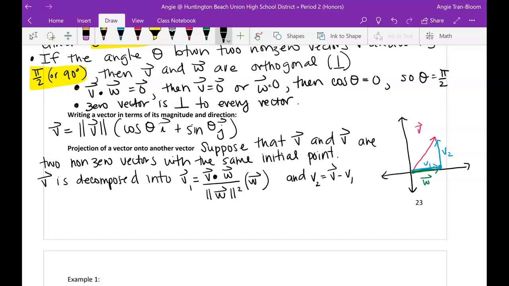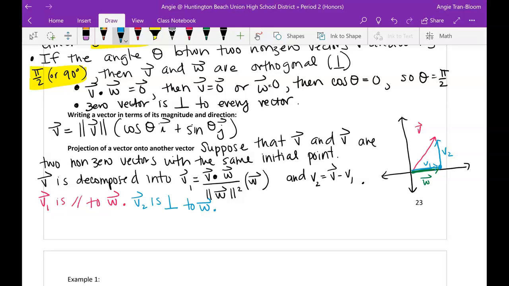Now, v1 has a special name. Vector v1 is parallel to vector w, and vector v2 is orthogonal to vector w.